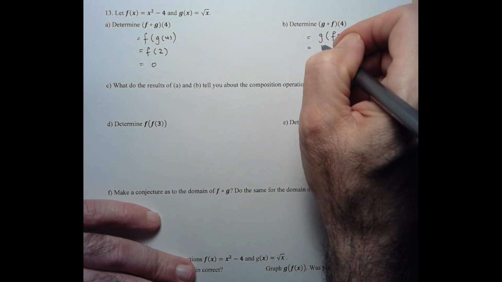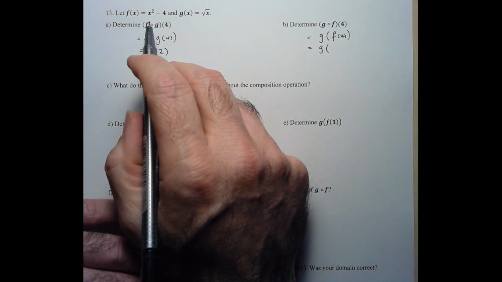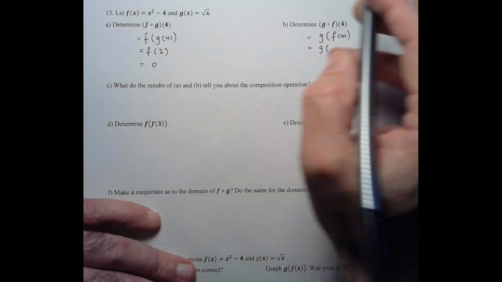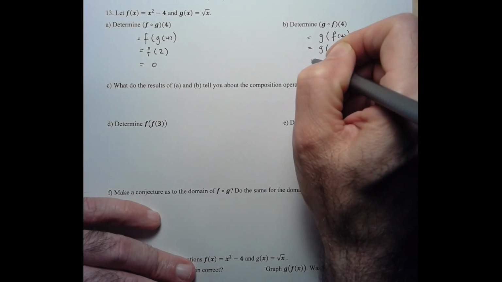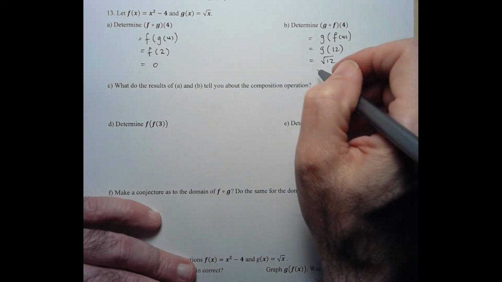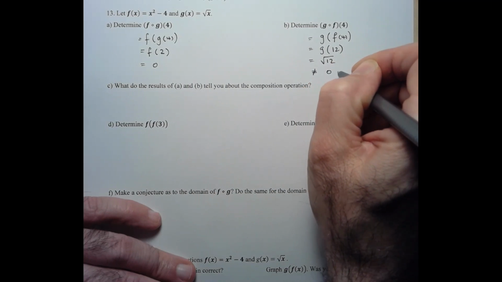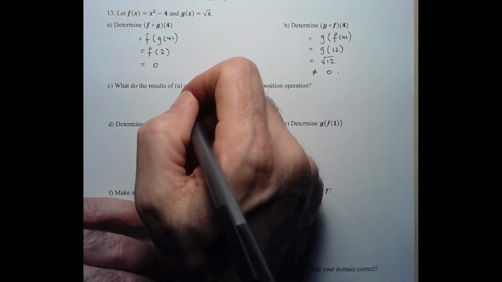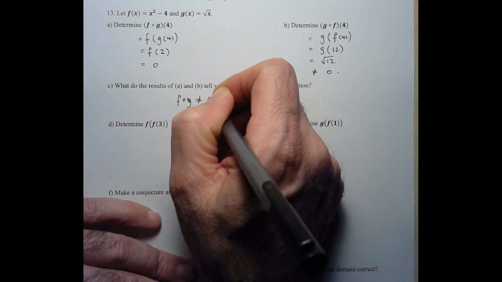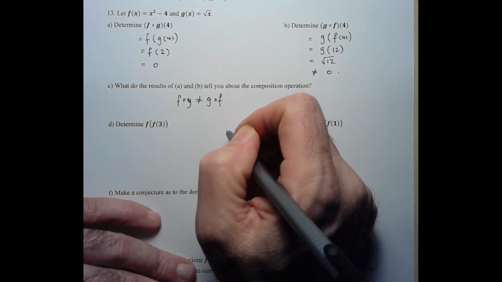Here f at 4 is 4 squared is 16 minus 4 is 12. And then g at 12 is just the square root of 12. And we could see that this is definitely not equal to 0. Okay, so here we can say that f circle g is not the same in general as g circle f.